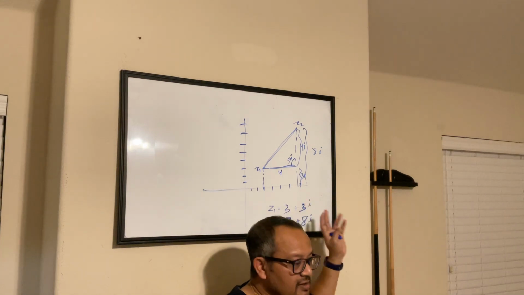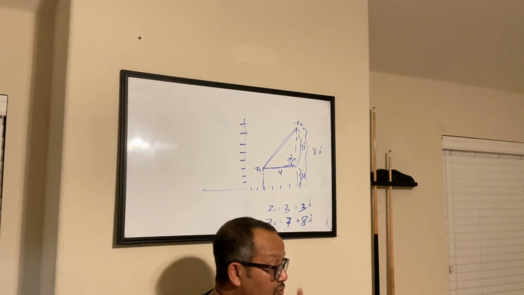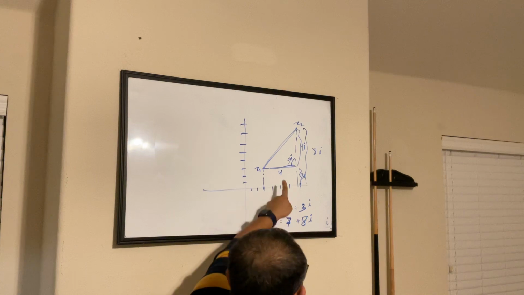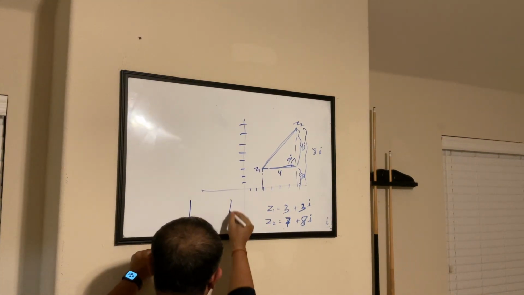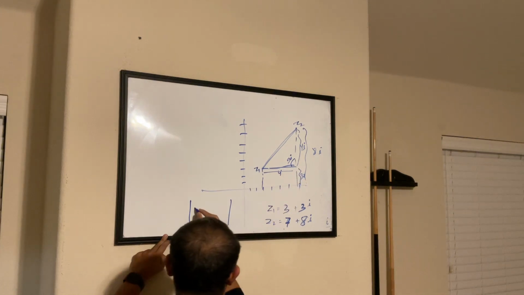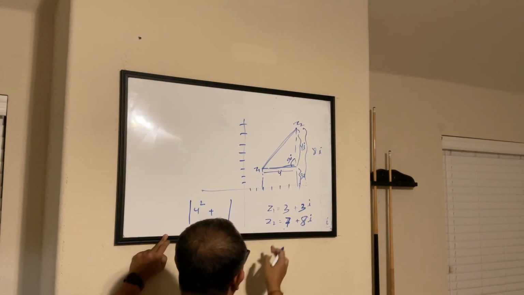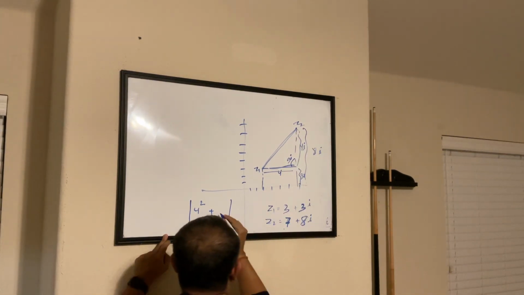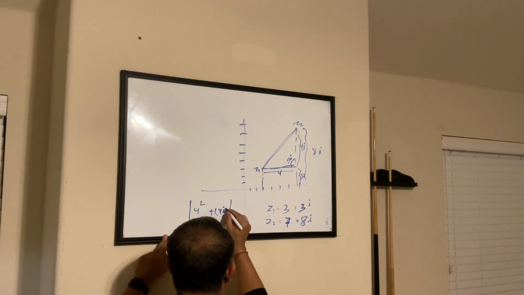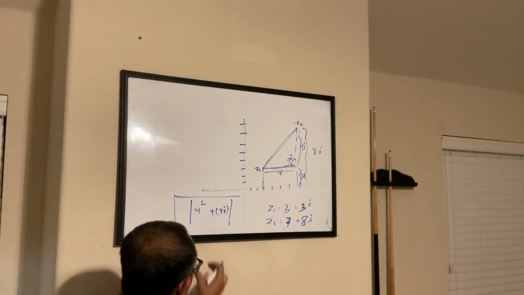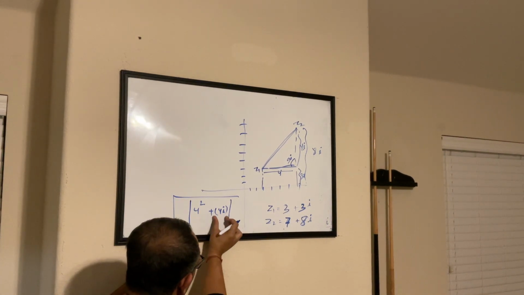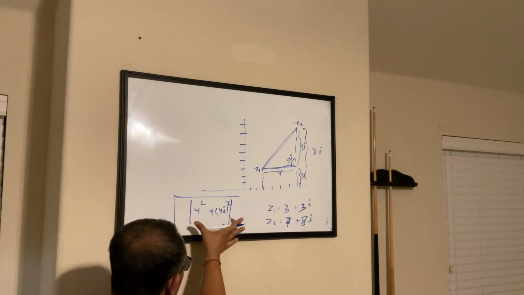From a right angle triangle, and from that you can find it out. The only thing that you need to be careful about is that this is going to be the mod of this, so square of 4 plus square of this, 4i. Meaning you will find the absolute value of this, and just add them together.